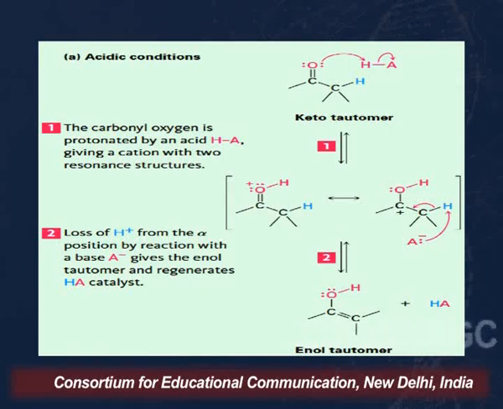So let me quickly revise it. In the first step, the lone pair of electrons on oxygen picks up a proton from an acid and we get a structure in which oxygen has a positive charge on it. And in the resonating structure, the second structure that we can see, carbon has a positive charge.